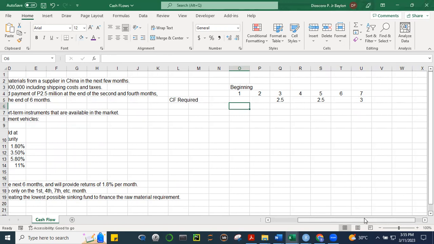So these are just short-term investments because that's just the window for our investment requirement. This is just a short-term cash flow plan.